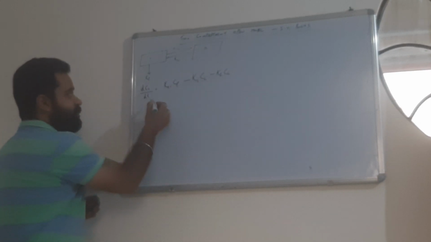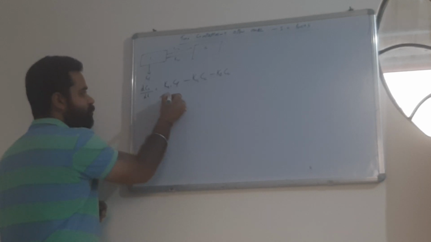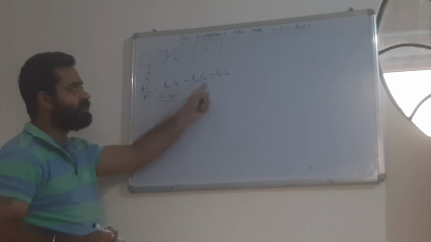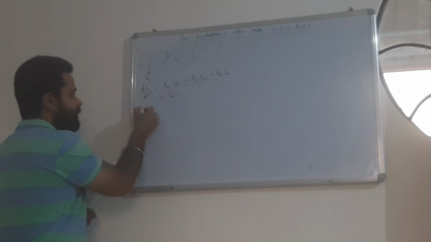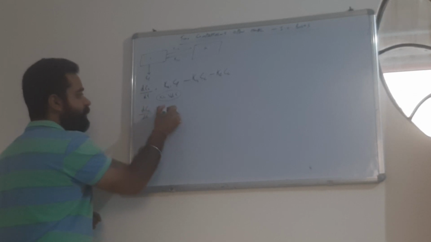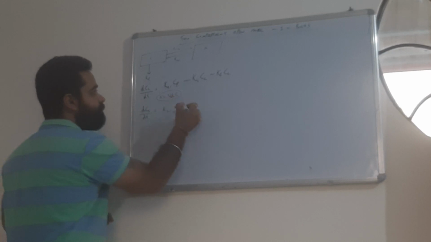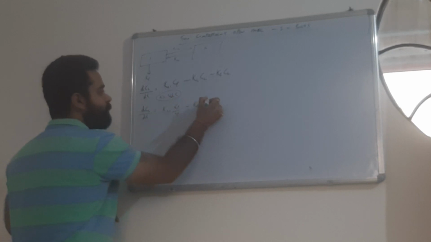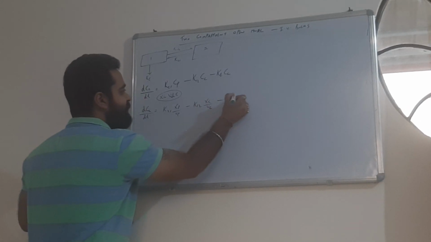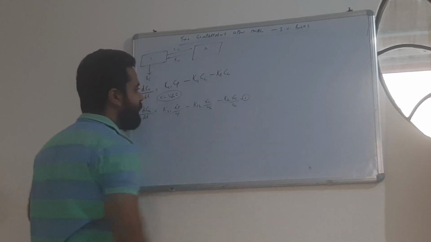Now, using the relation X = Vd C, we replace the concentration term with X. So the equation becomes dCc/dt = K21 Xp/Vp - K12 Xc/Vc - Ke Xc/Vc. Consider this as equation 1.